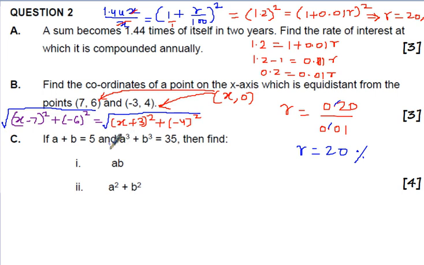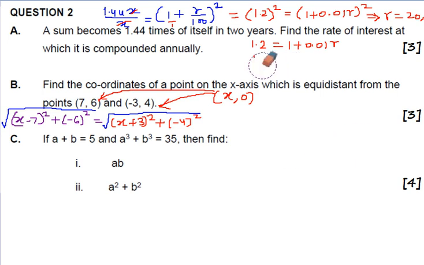Now squaring both the sides, what do you get? This I may rub now because you must have copied by this time. Okay, so now what will you do?